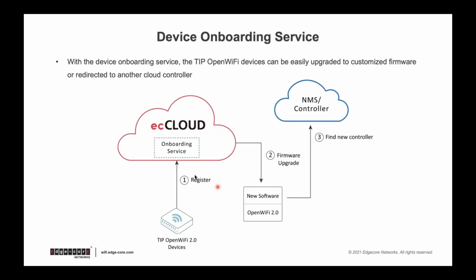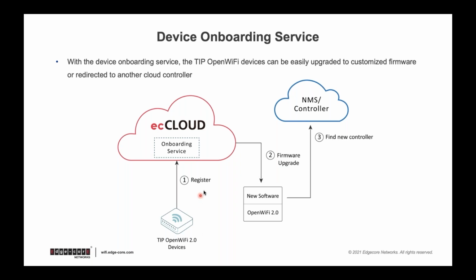Okay, so this introduces the device onboarding service. By default, the OpenWiFi devices produced by Edgecore will connect to ecCLOUD when they can connect to the internet for the first time.